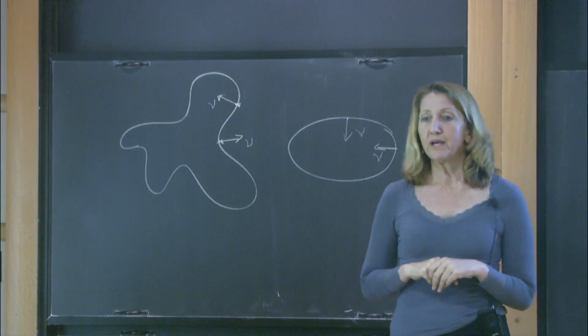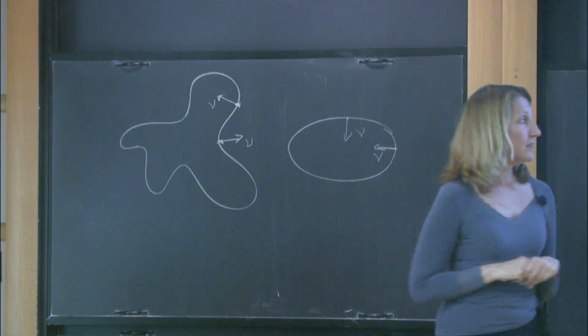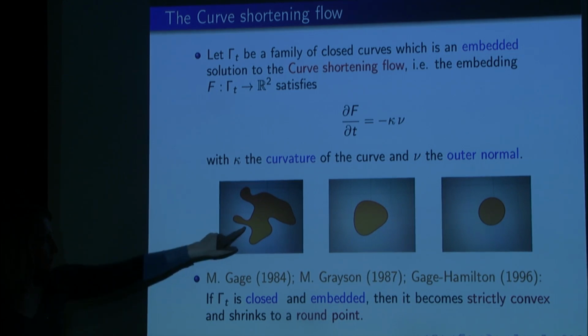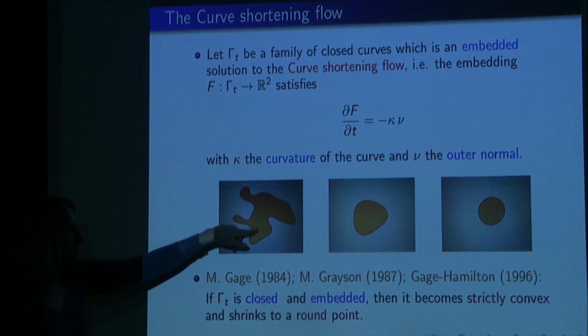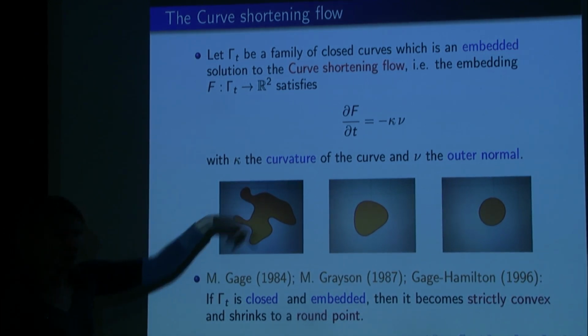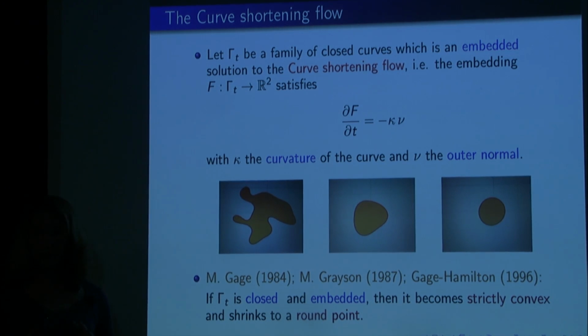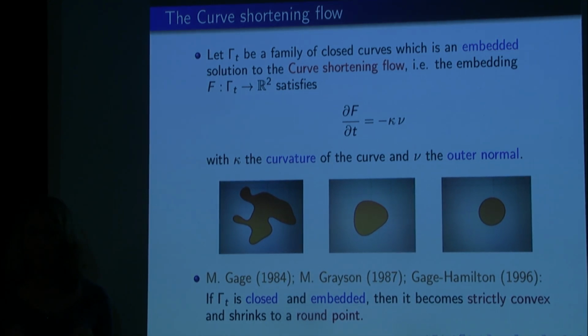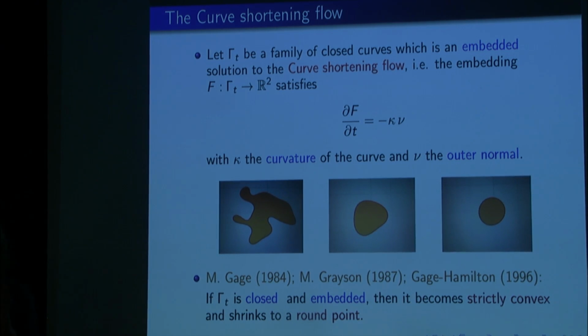Now, this flow has a very remarkable property, which was a known result by Grayson, which says that even if you start with something, this is not so complicated, but a closed curve, it has to be closed, so compact, right? If you start with any closed curve that is embedded in R2, the fact that it's closed and embedded tells you that before it eventually disappears, at some time it will become convex.